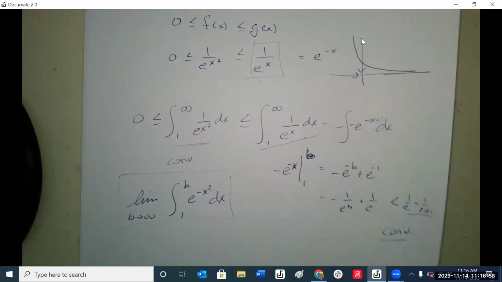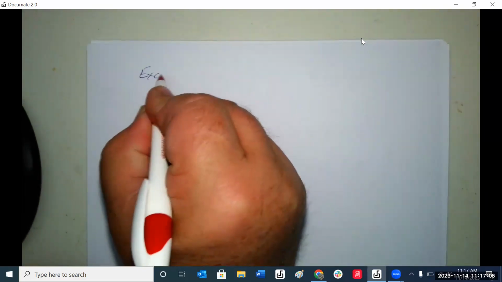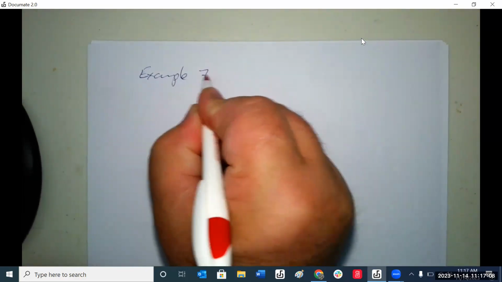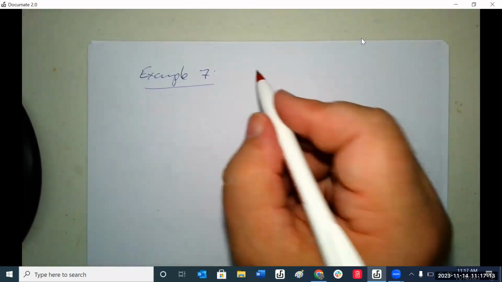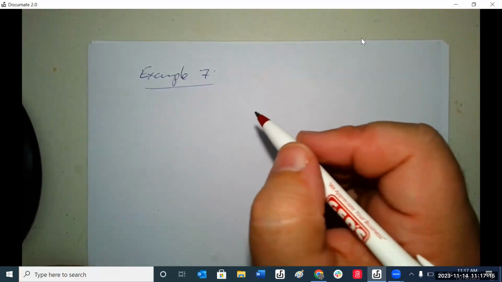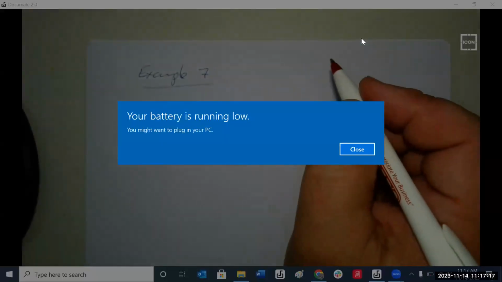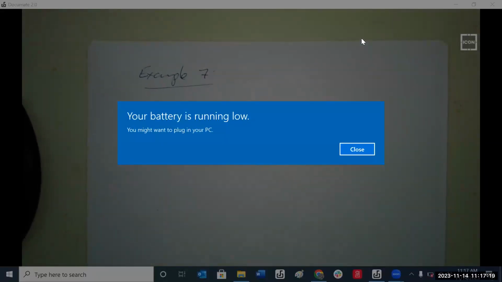Okay, let's look at example 7. These examples illustrate how to use theorem 2. That's the direct comparison test.